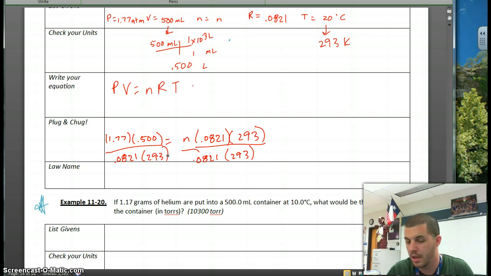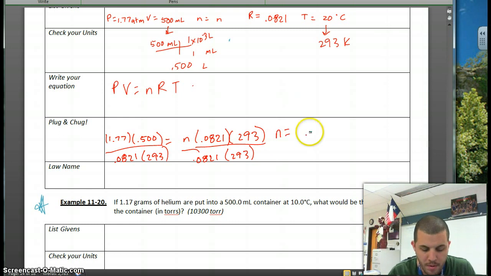And solve. So I've got 1.77 times 0.5, enter, divided by everything on the bottom, which has got to be in parentheses. So open parentheses, 0.0821 times 293, close parentheses, enter, and I get that I have an N value.